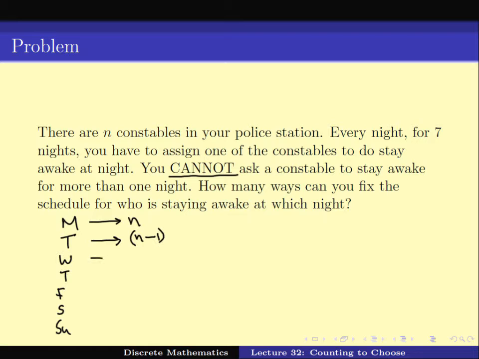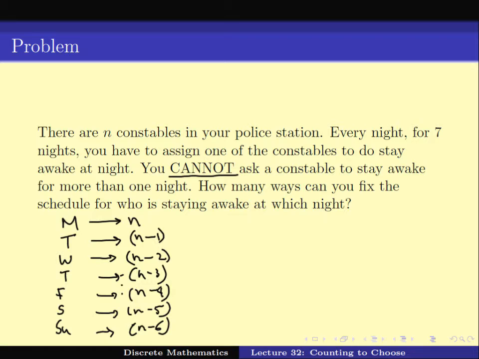And what about Wednesday night? I cannot use the person who has served the Monday night, and I cannot use the person who has served Tuesday night. So I am left with n-2 constables, and I can pick any one of them. So it is n-2, and it goes on like this: n-3, n-4, n-5 and n-6.